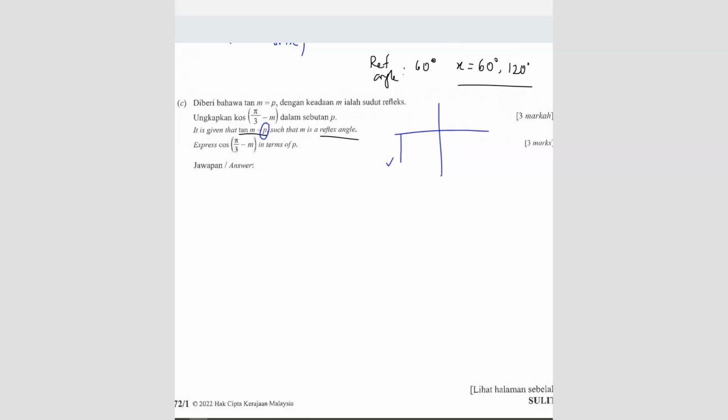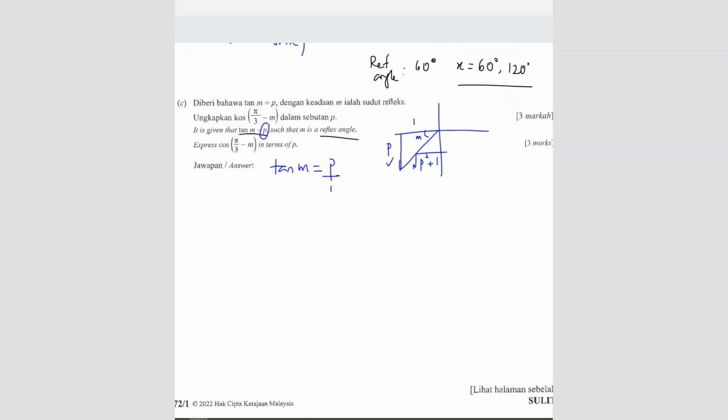So positive means here will be M. Since tangent M equals P, we can assume it's P over 1. So opposite is P, adjacent is 1, and the hypotenuse will be the square root of P squared plus 1.